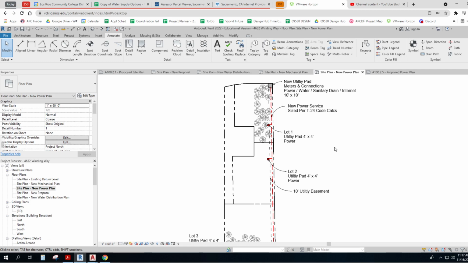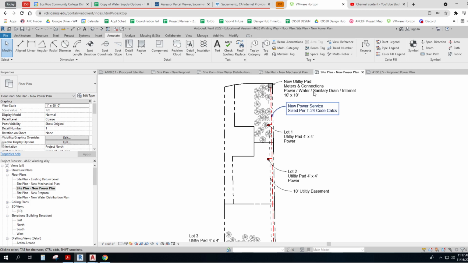It might actually be like 2 foot or something like that. But there's plenty of room in this place. And that pad doesn't have to be a concrete pad. It can just be a little graveled in area. And so there's one, and I'm calling it for power, but I will probably utilize that very same one for my water and for my internet and for my drain.